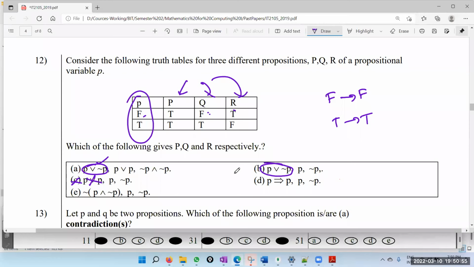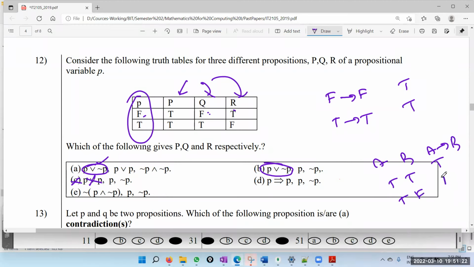ඒක හරි නේද? False implies false නේද? False implies false කියන එක true. True implies true කියන එක true. Truth table එක මතකද? A, B, A implies B. True, true, true.